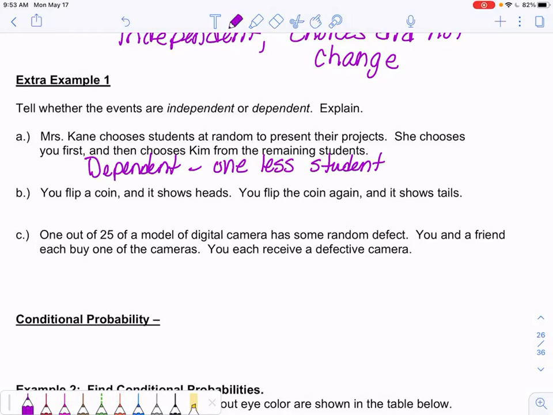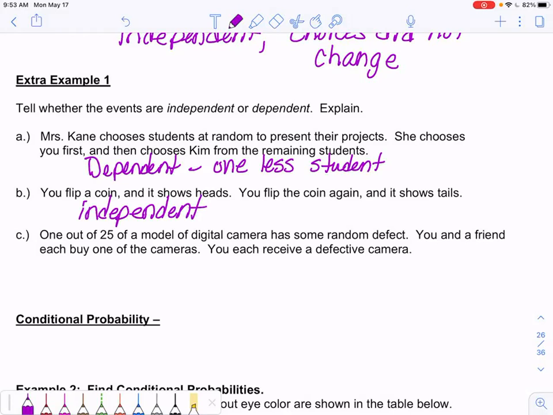Let's look at number 2. You flip a coin and it shows heads up. You flip the same coin again and it shows tails. Josh, do you think that's an independent event or a dependent event? If I get a heads, will that force me to have a tails the next time when I flip the coin? I think it's independent, but it doesn't mean that it won't force you to get tails the next time. Exactly, yeah, and that is independent.